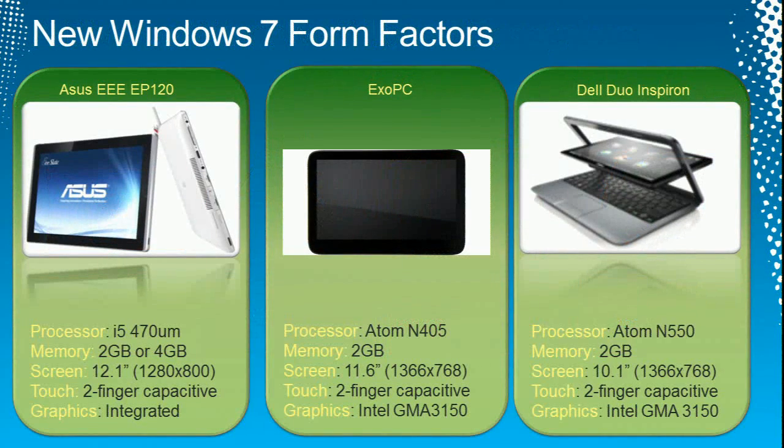I want to spend a few minutes talking about some of the new Slate devices. The first one I've actually got here. This is the Asus Slate PC, the first one on the left there on the screen. It's a pretty good laptop, but you'll notice that the Slate devices don't necessarily come with a keyboard.